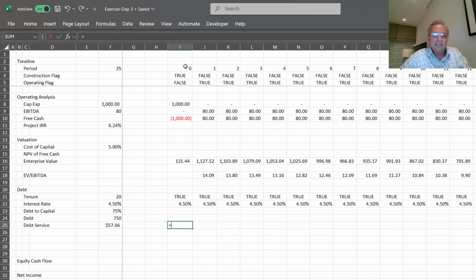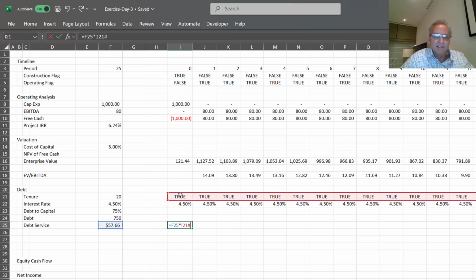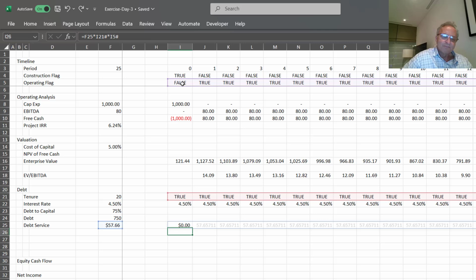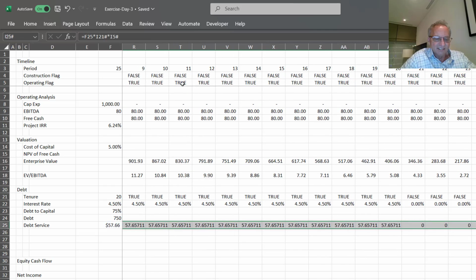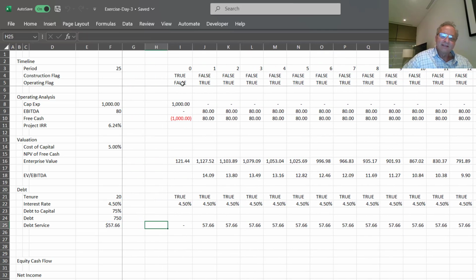Let's multiply this one by the tenure of the debt, and also multiply it by the operation flag. So that's just a little bit of a trick. So in a way we can get around that. Okay, and then that means that our equity cash flow, and let's put our debt over here. Let's just make our debt this multiplied.